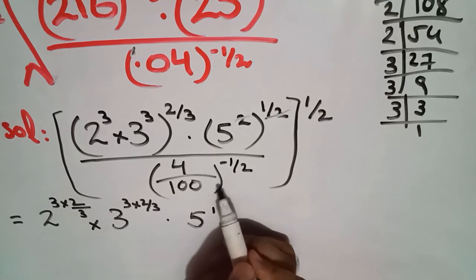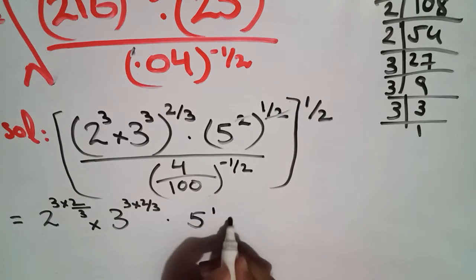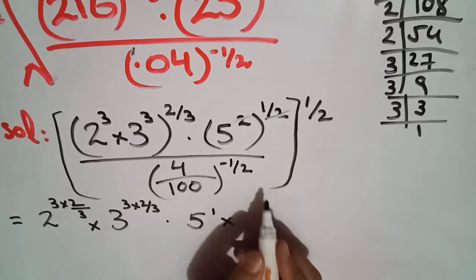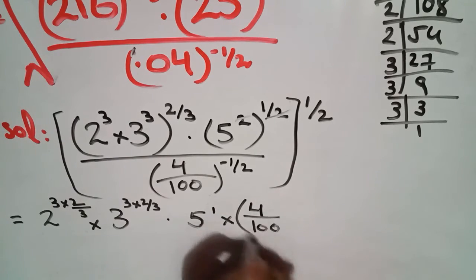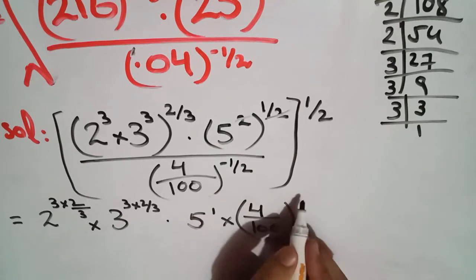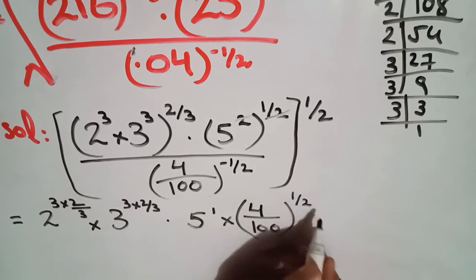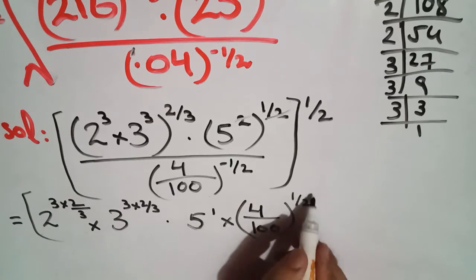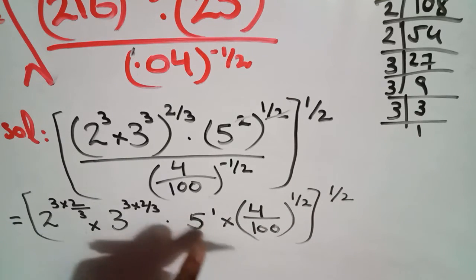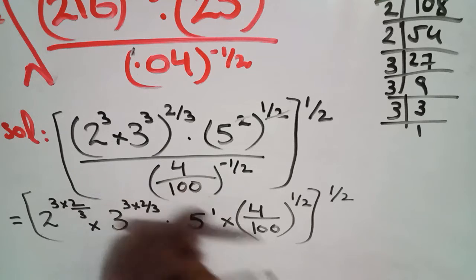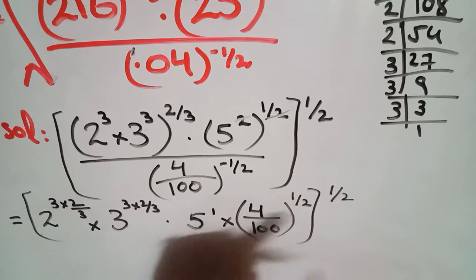I am taking this factor or value into the numerator, so our power will be positive in this case, and whole raised to power we have 1 by 2. Simple step. I have taken this factor into the numerator by making the power positive.